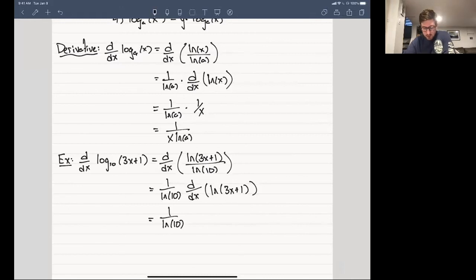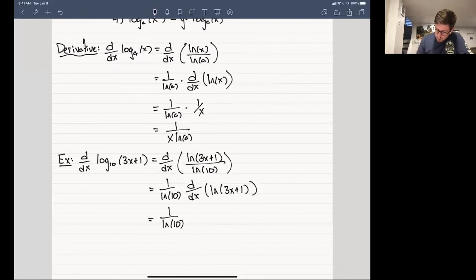And now we have the derivative of the natural logarithm, ln, of 3x plus 1. This is a chain rule application. The outer function is the natural logarithm. The inner function is 3x plus 1.